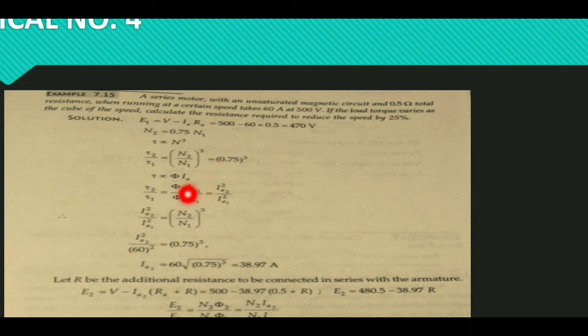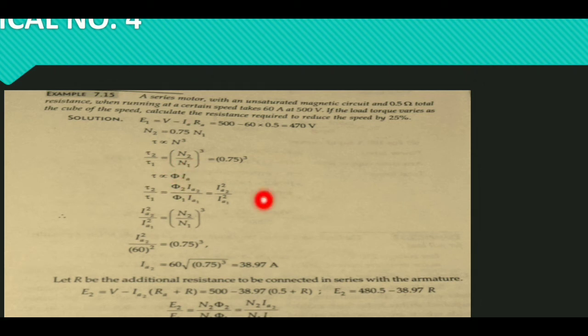So T2 by T1 equals phi2 into Ia2 by phi1 into Ia1. And we also know that phi is proportional to Ia in case of a series motor. So T is proportional to Ia square. So instead of phi2 Ia2 we write Ia2 square, and instead of phi1 Ia1 we write Ia1 square. So Ia2 square by Ia1 square equals (N2 by N1) cube from this equation.